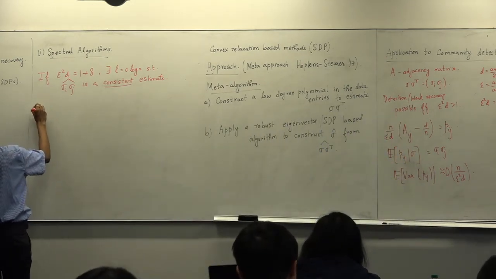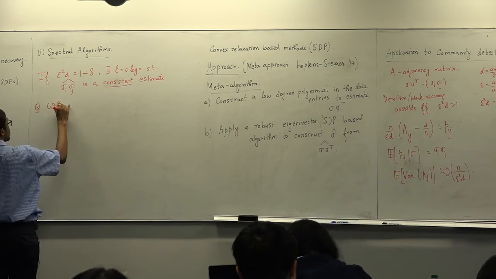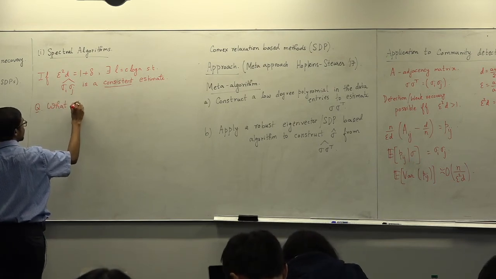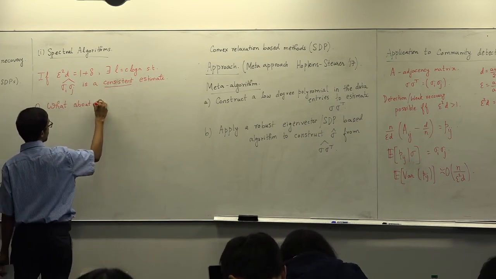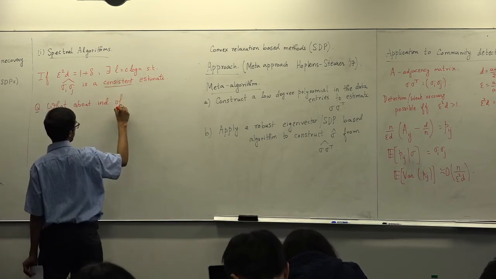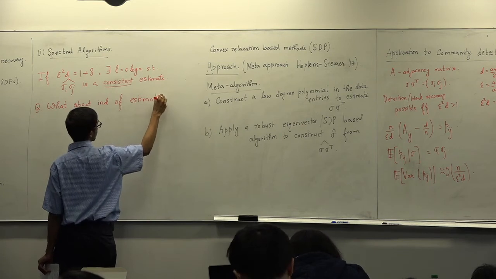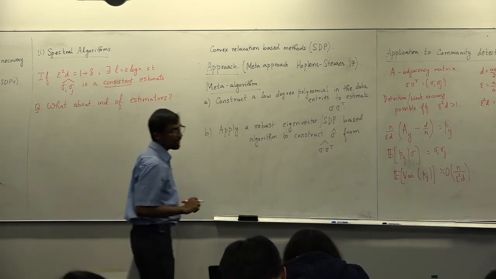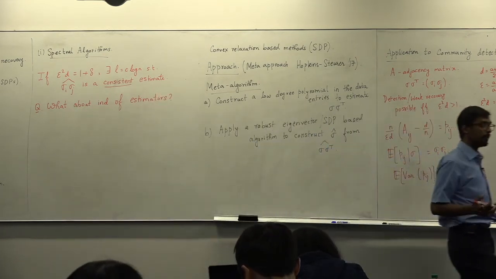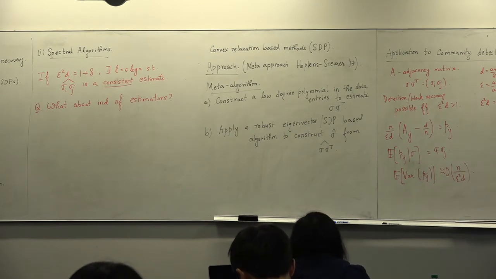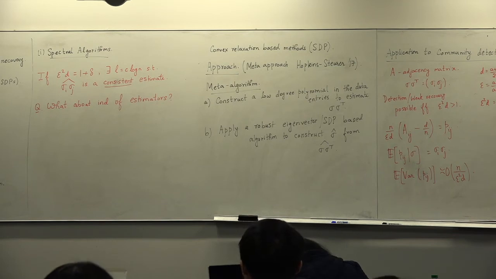So what about independence of the estimators? If I choose too many paths, then the paths kind of start overlapping with each other. If they overlap, there's more and more dependence.